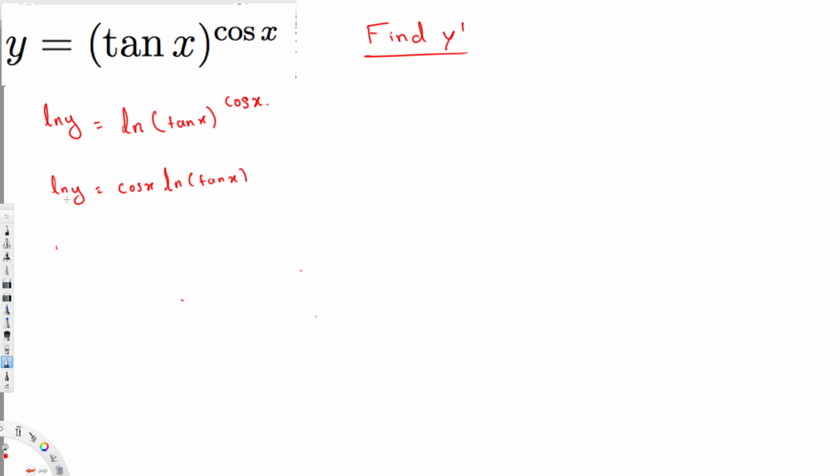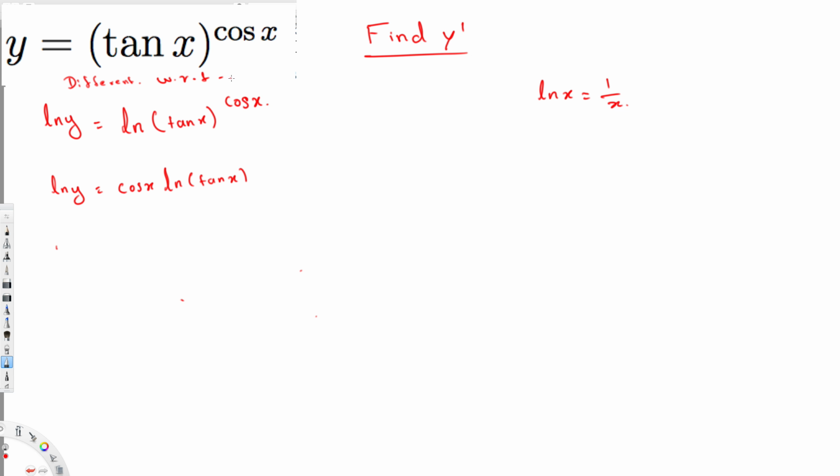Before I approach this question, we have to remember some derivatives. First of all, the derivative of ln x is 1 over x, and we are differentiating with respect to x.